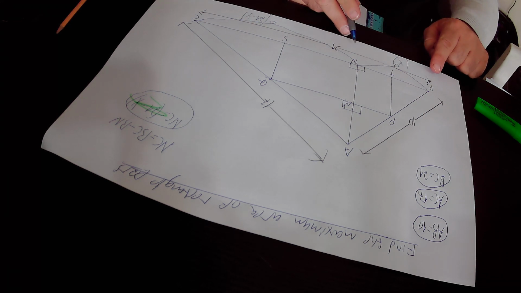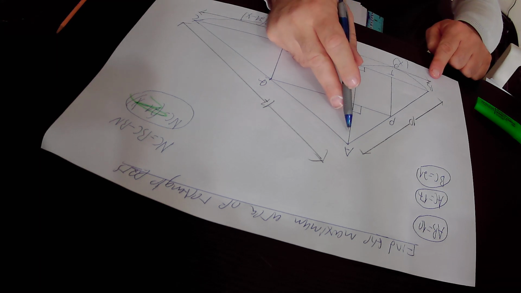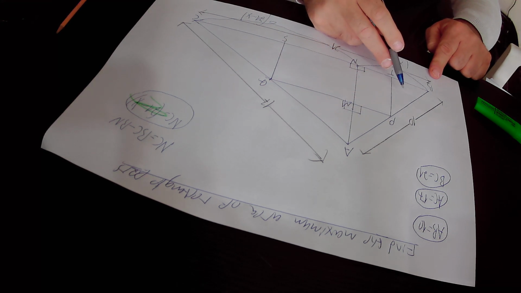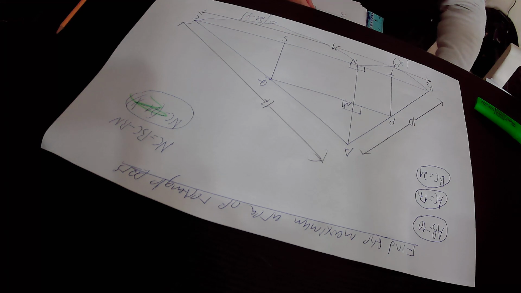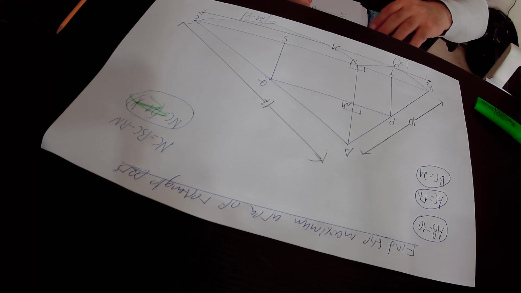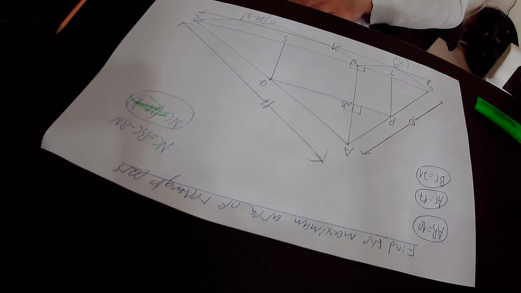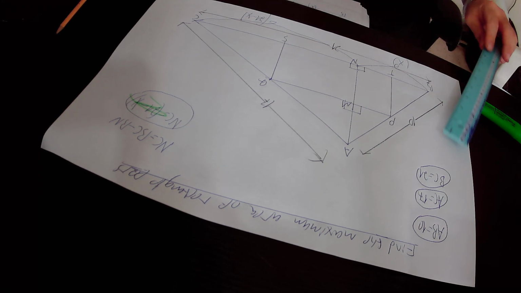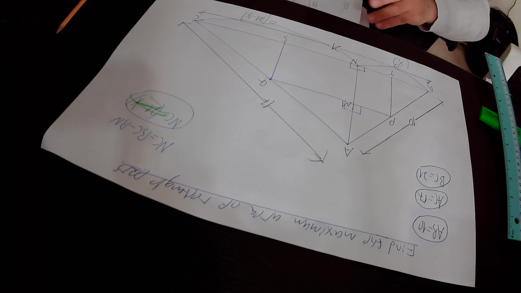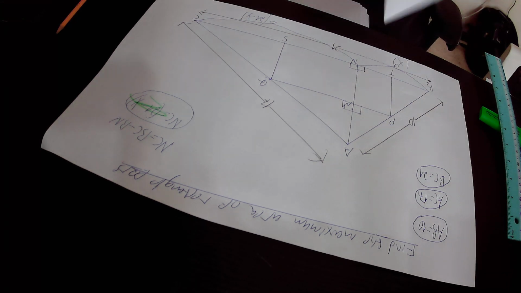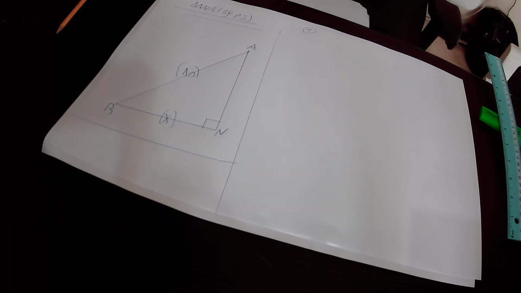Side NB equals x according to our definition. The hypotenuse AB equals 10 units in its length according to what is given in the question. So actually, this is the right angle triangle ABN that is copied from the original drawing.